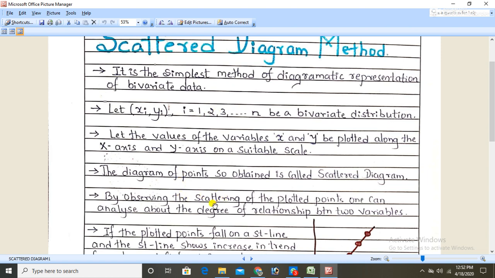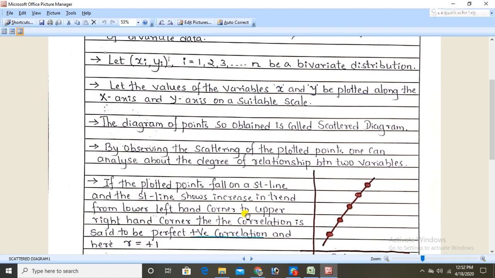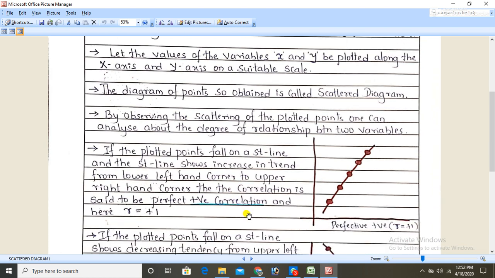When we plot different values of x and different values of y, by looking at the scattering of the points and the degree of relationship between the two variables x and y, we can have different types of correlations.